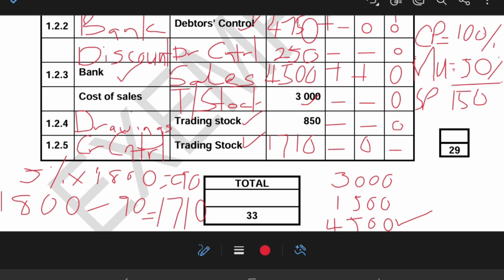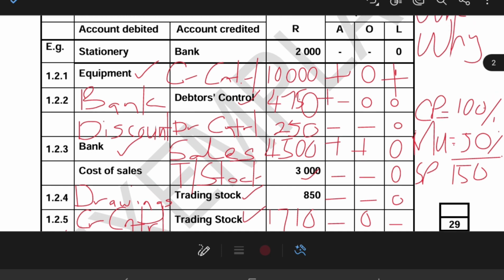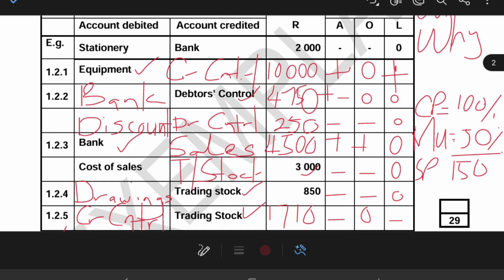It is decreasing. Now, you will notice from all the transactions that they fulfill the accounting equation, because the accounting equation says assets is equal to owner's equity plus liabilities. So assets is one side, owner's equity and liabilities are one side. So whenever you've got a plus on assets, then you will have a plus on either owner's equity or liabilities and so forth, because it has to balance.